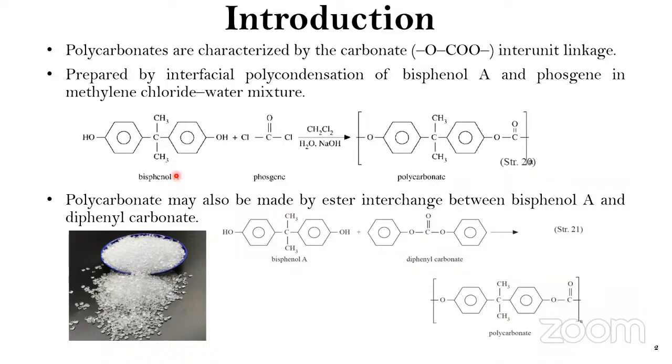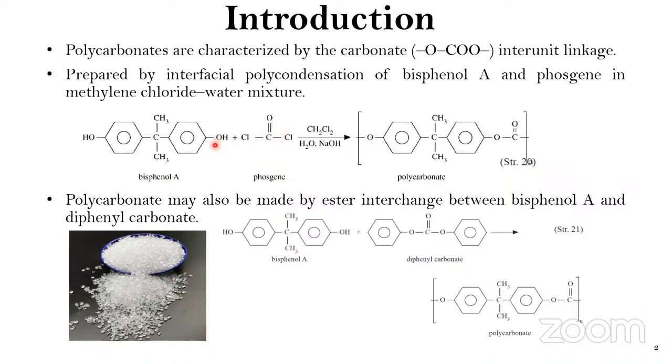There might be chances that you can use some other monomer also, but in the market, the polycarbonate that is coming is basically made using bisphenol A and phosgene gas, in a methylene chloride and water mixture. They use this in the presence of H2O plus NaOH, and they form the mixture with the help of this reaction.